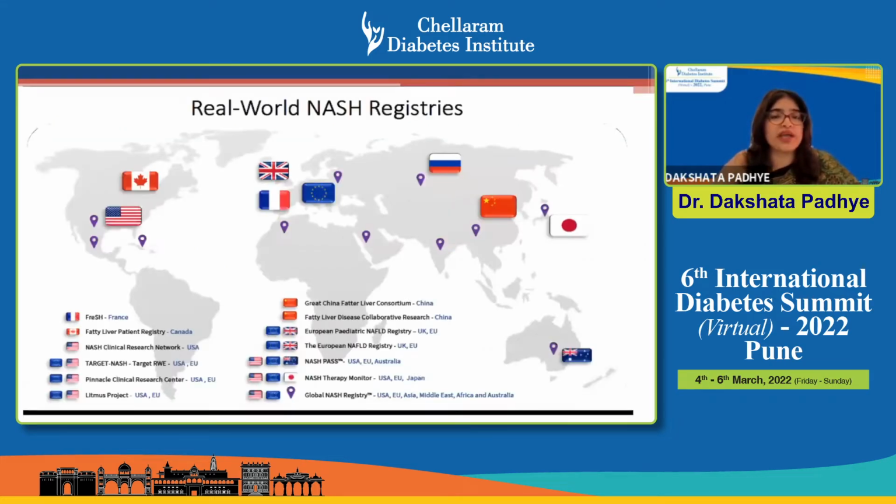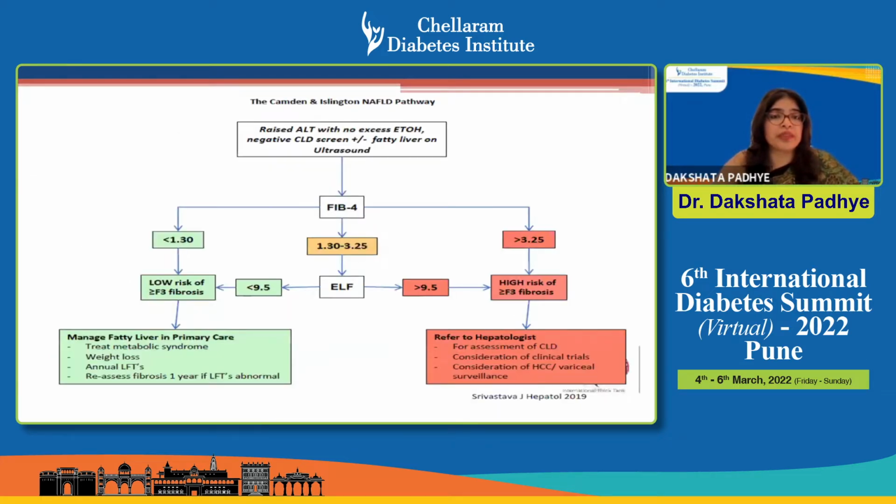Now, these are a few NASH registries, and they have done a fantastic job, and we all hope to see the Indian flag amongst these registries very soon. Now, how do we evaluate patients? First, we rule out ethyl alcohol consumption and negative chronic liver disease screening, and maybe on ultrasound we see there is fatty liver. A very simple FibroScan score is available.